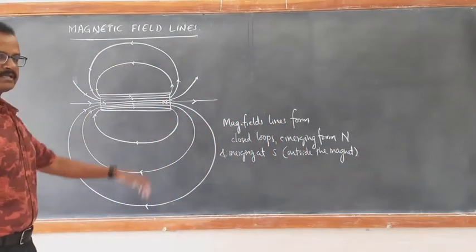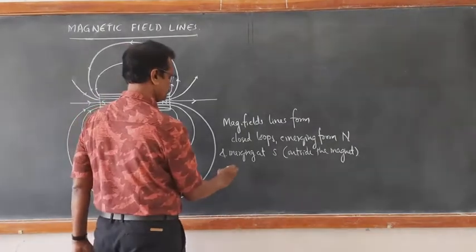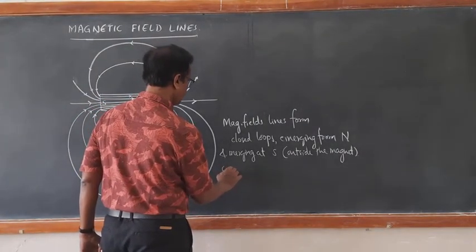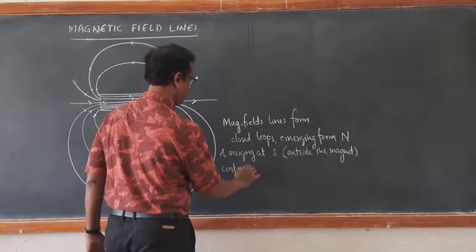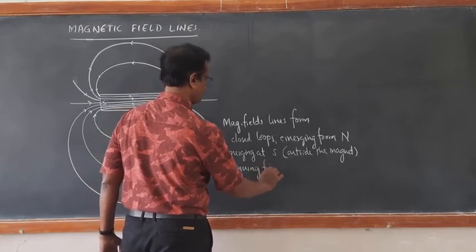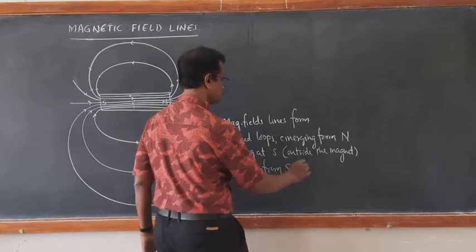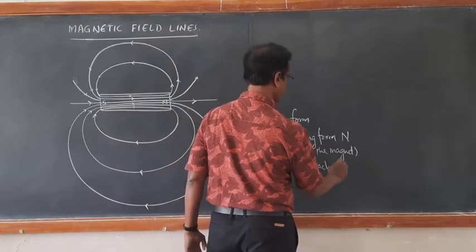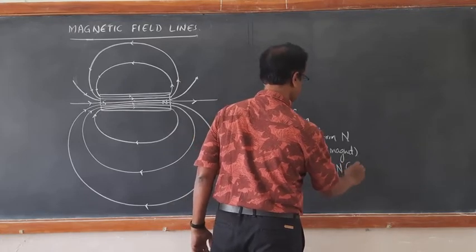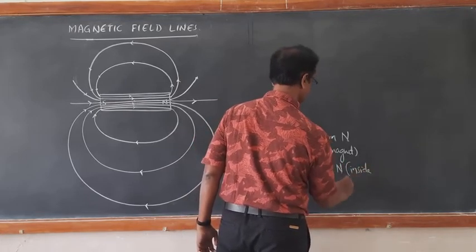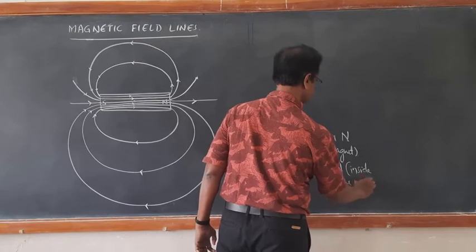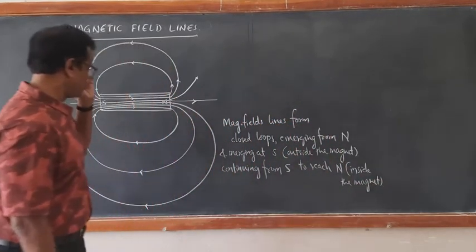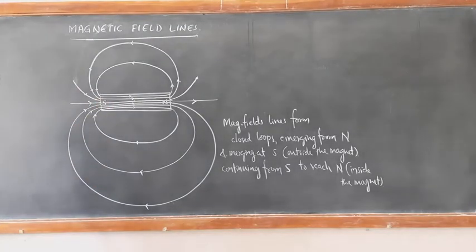But what happens inside the magnet? Continuing from S to reach N. This is happening inside the magnet.